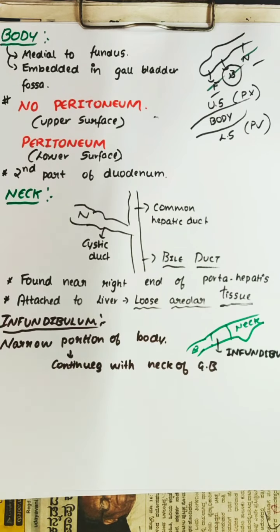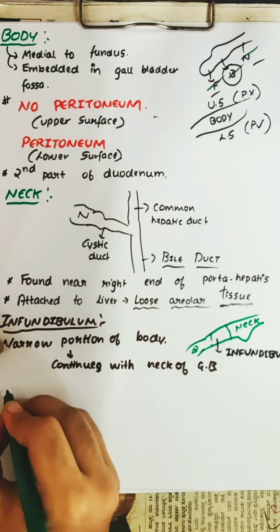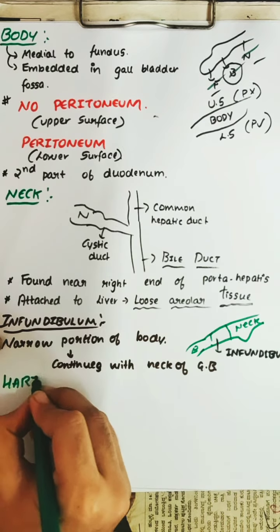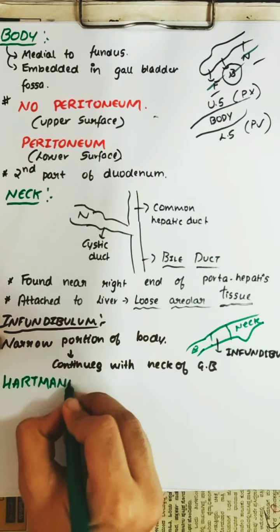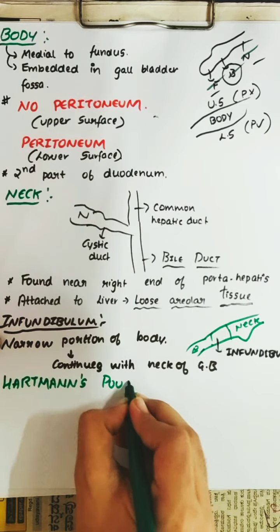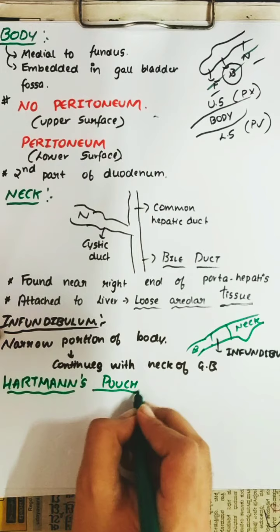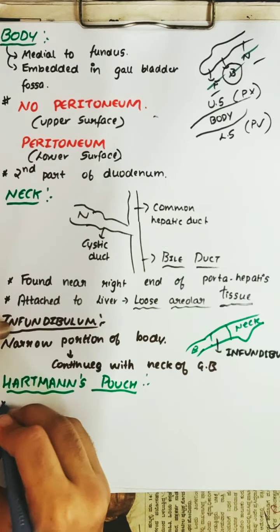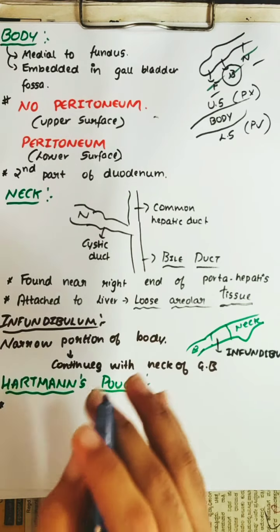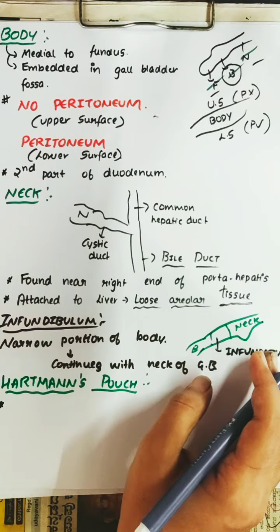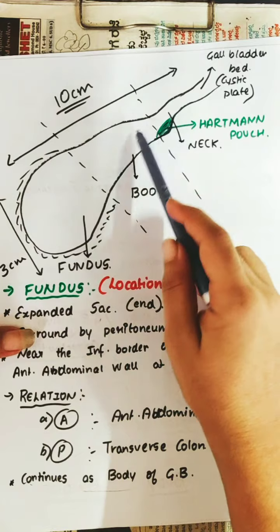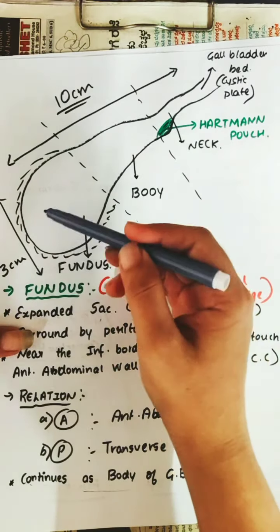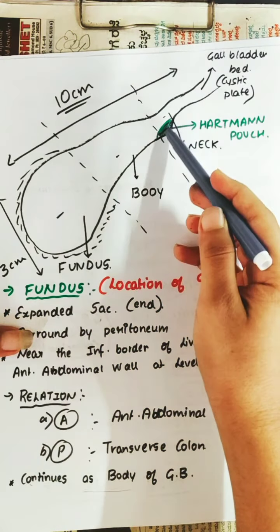We'll also study another structure, Hartmann's pouch. I had shown it that time. It is located near the region of the neck of the gallbladder. Hartmann's pouch is present at the junction of the neck and gallbladder, as you can see in this diagram. We discussed the fundus, body, neck, and Hartmann's pouch.